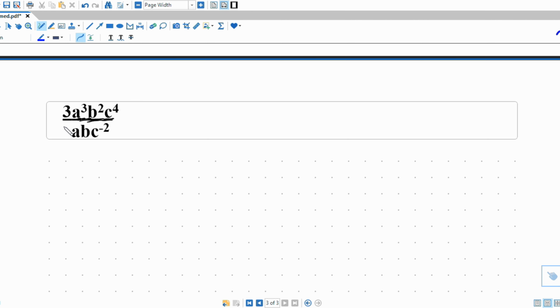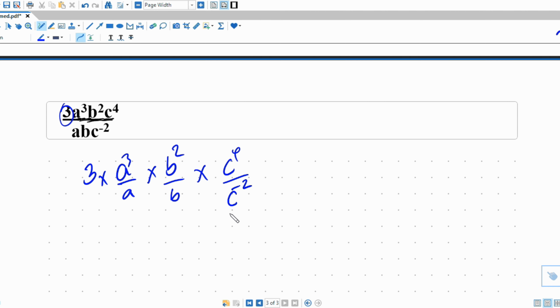For example, 3 here, we are not going to apply the rule on 3, so 3 remains, multiplied by a raised to 3 divided by a, multiplied by b raised to 2 divided by b. We multiply that by c raised to 4 over c raised to negative 2. So this is where our quotient rule is going to apply.